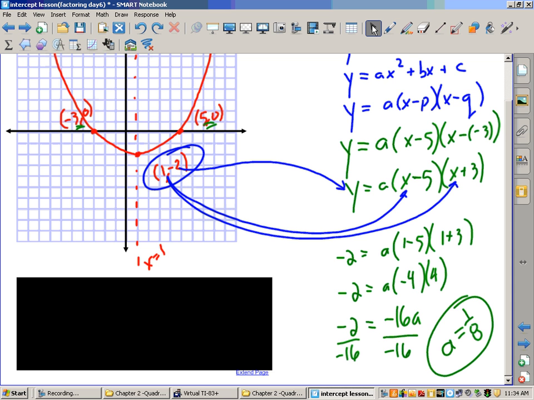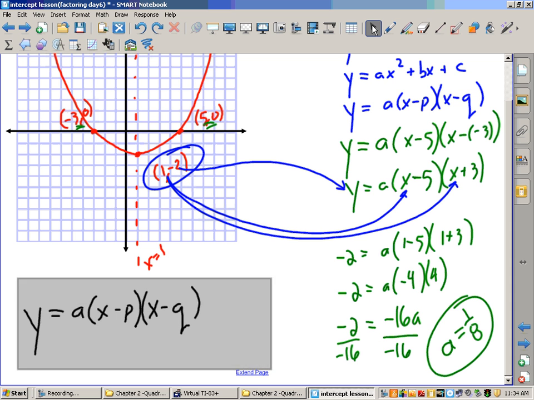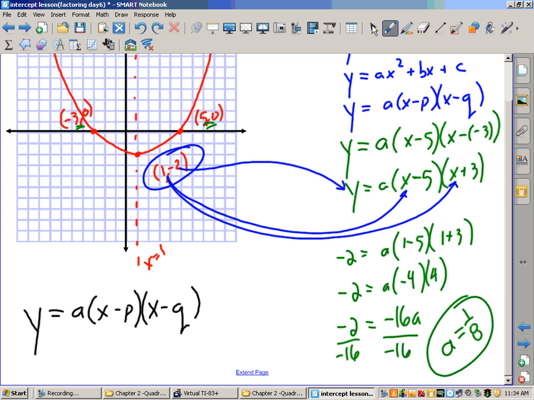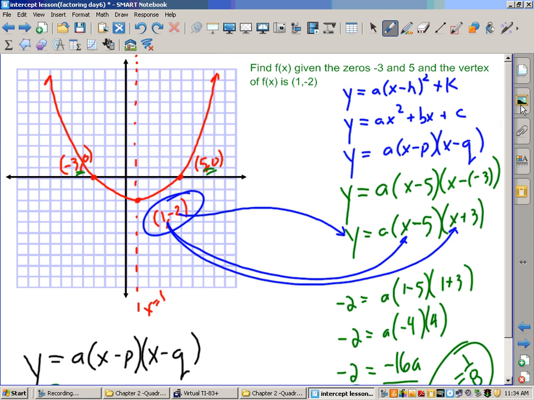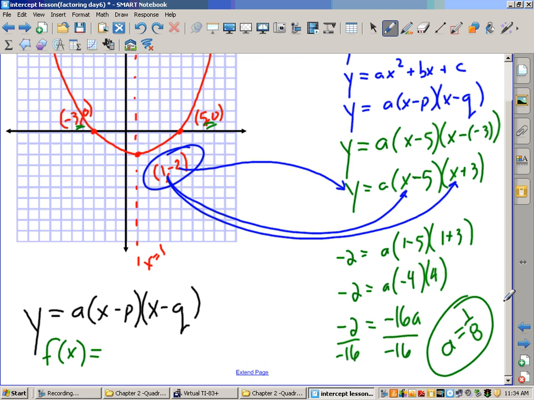Do we have enough to fill in that equation? Yeah, there we go. I wanted to call it f of x. So f of x equals 1/8 times x plus 3 and x minus 5.